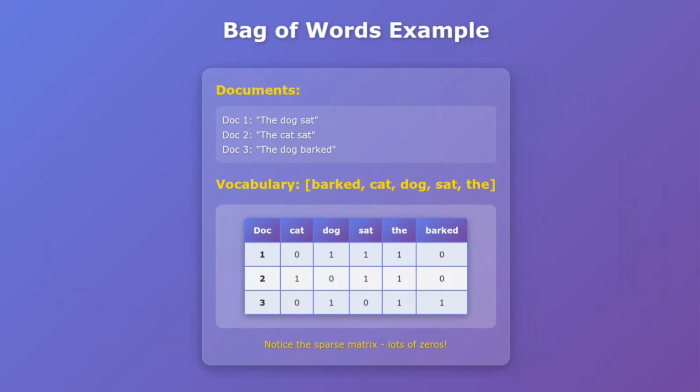The numbers? They're simply counts. Document 1, the dog sat, has 0 barked, 0 cat, 1 dog, 1 sat, and 1 the. Simple as that. Notice all those zeros? That's what we call a sparse matrix. Most values are 0 because most words don't appear in each document.